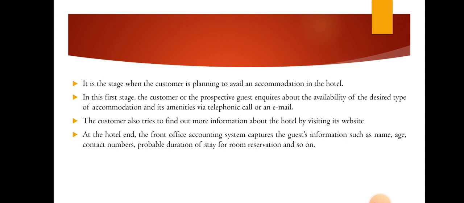The customer also tries to find out more information about the hotel by visiting its website. At the hotel end, the front office accounting system captures the guest information such as name, age, contact numbers, probable duration of stay for room reservation, and so on.